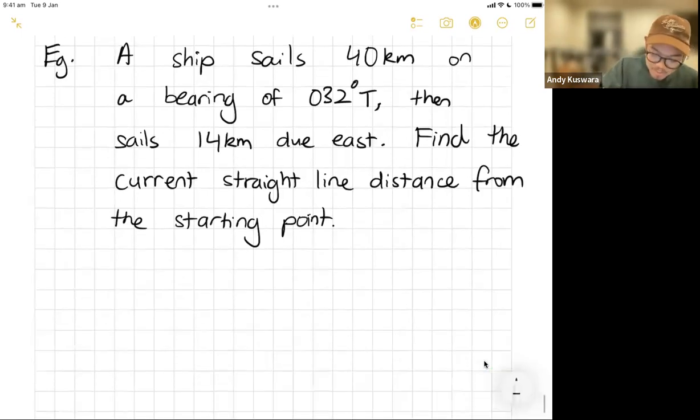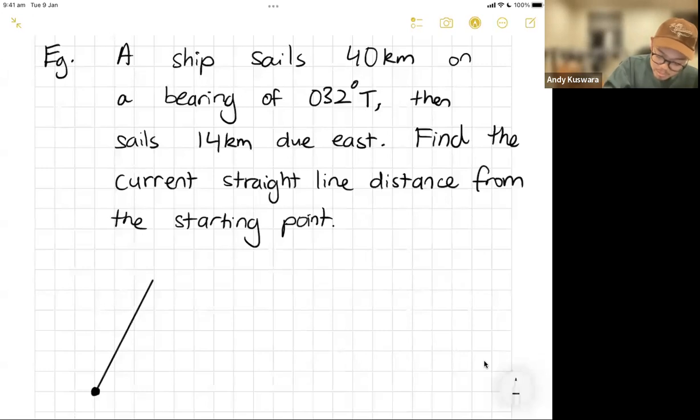Okay. So let's give him a starting point. He's going to start there. Now he sails 40 kilometers on a bearing of 32. So I'm just going to draw a line here. North was there, 32 degrees was there, and he did this for 40 kilometers.